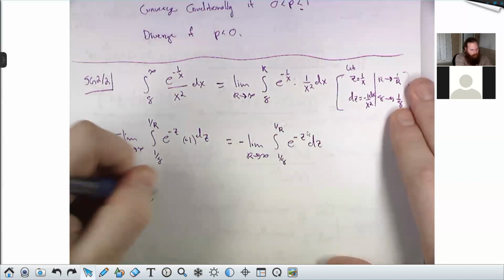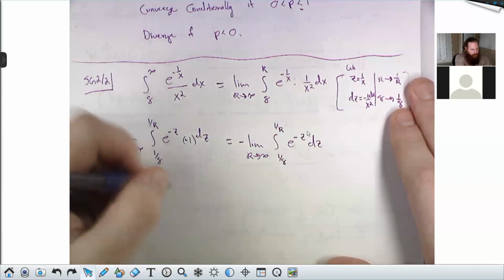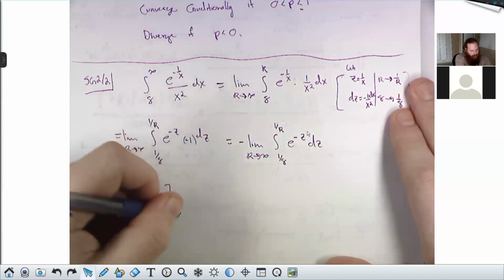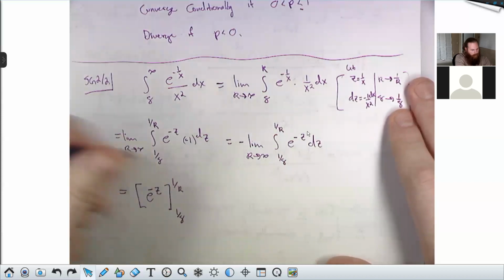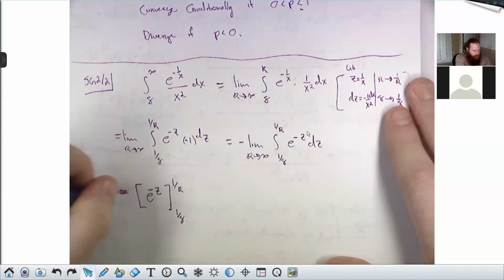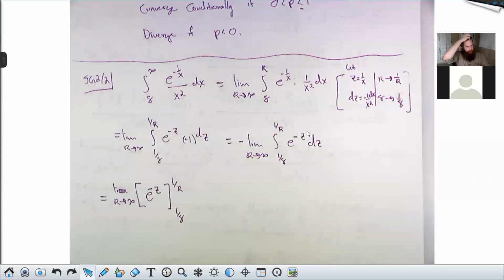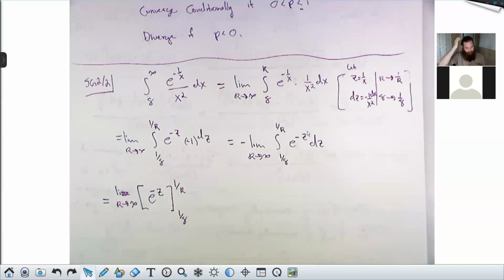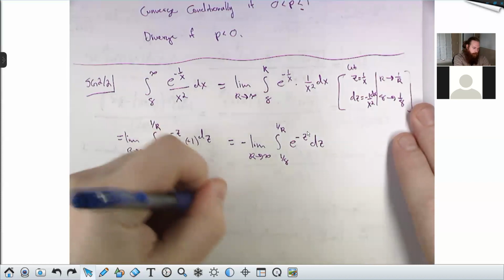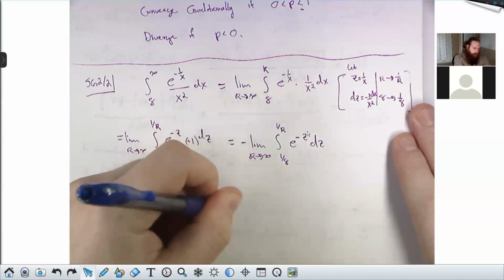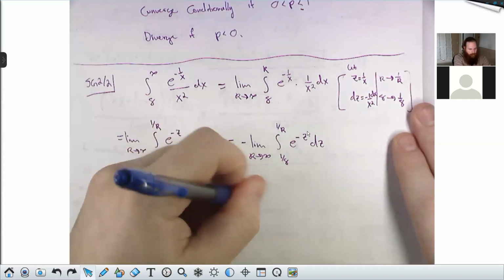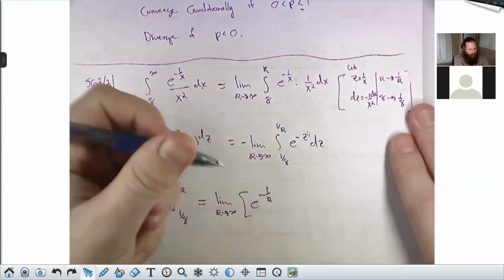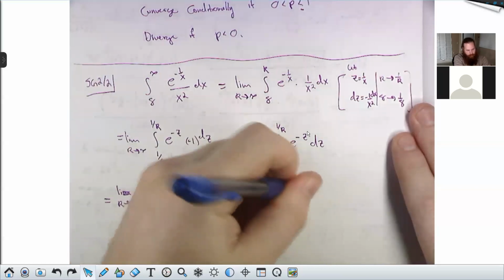So I just get e to the negative z evaluated from 1/8 to 1 over r. And I should have my limit out front, lim r to infinity. So this negative is eaten up by the negative from the antiderivative. Then I evaluate lim r to infinity, e to the negative 1 over r minus e to the negative 1 over 8.